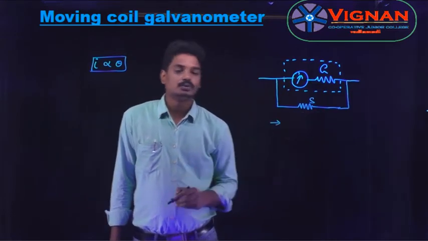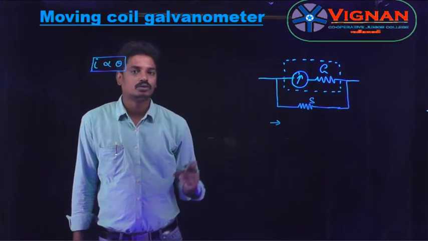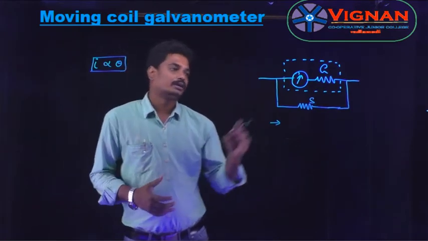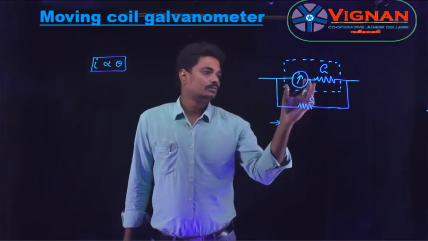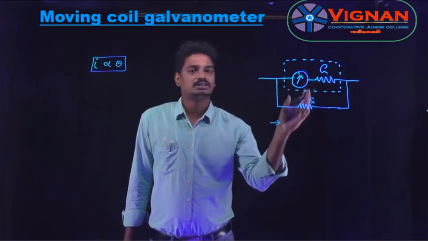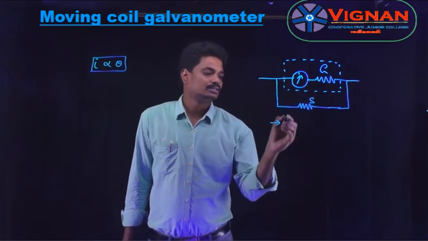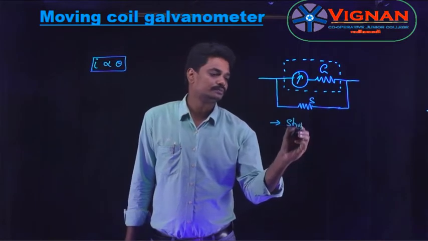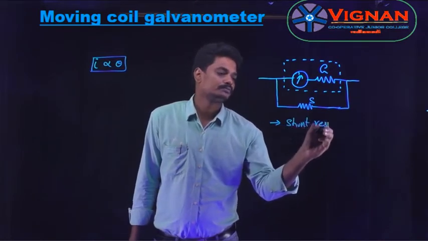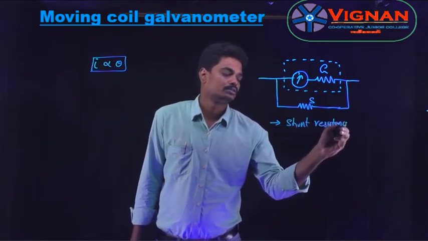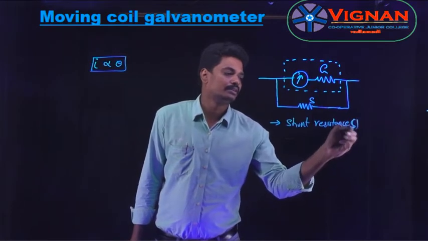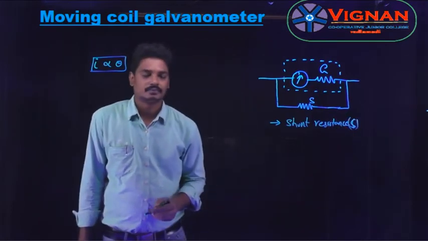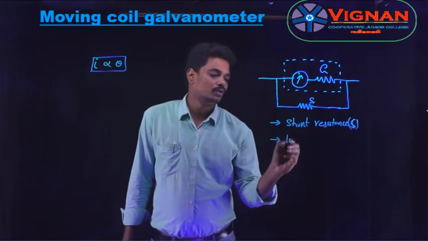To improve the calculation of the current flow, we put a shunt resistance across the galvanometer. This is a shunt resistance. Shunt resistance is denoted by S, and it is a low resistance.